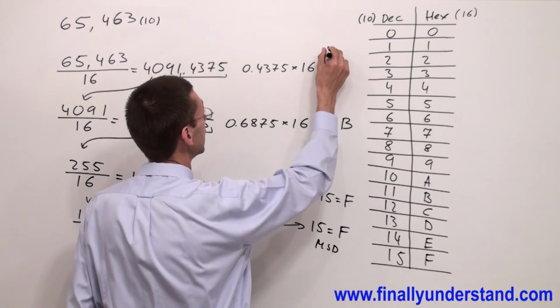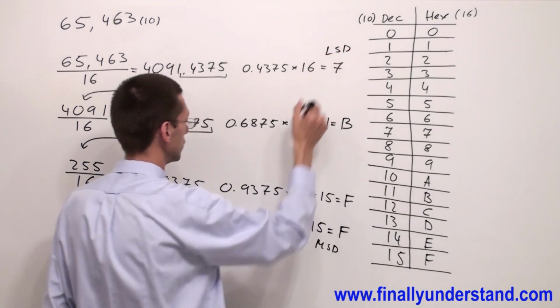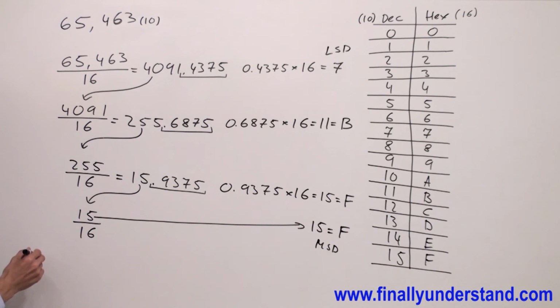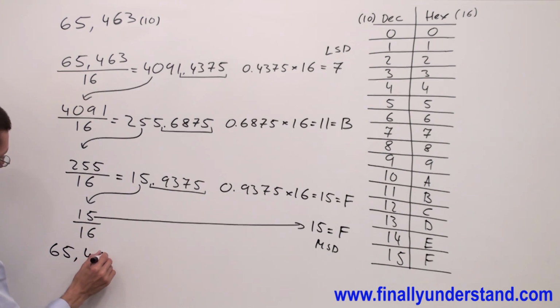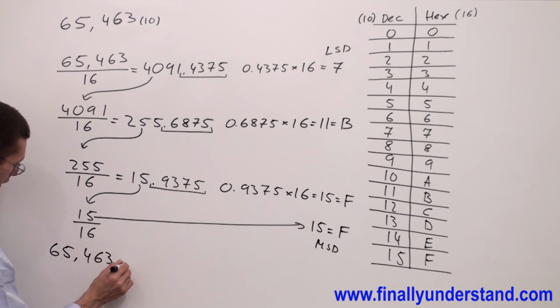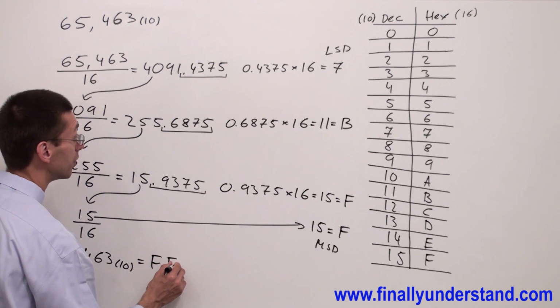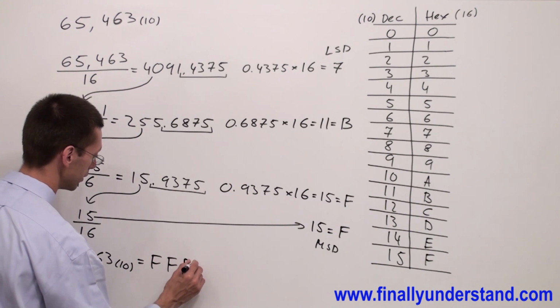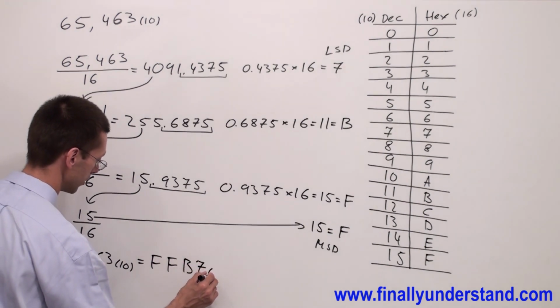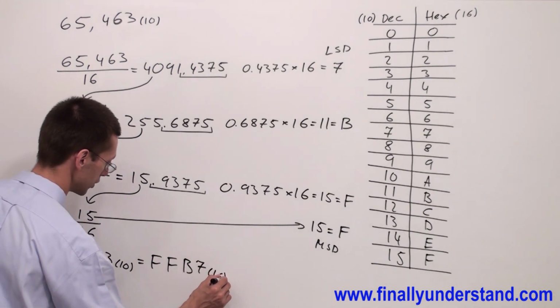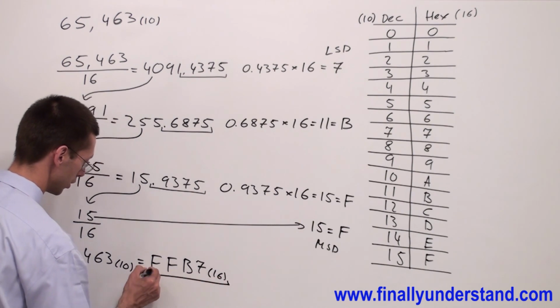This is the least significant digit. That's why I can write that 65,463 base 10 is equal to FB7 base 16. And this is the solution to my problem.